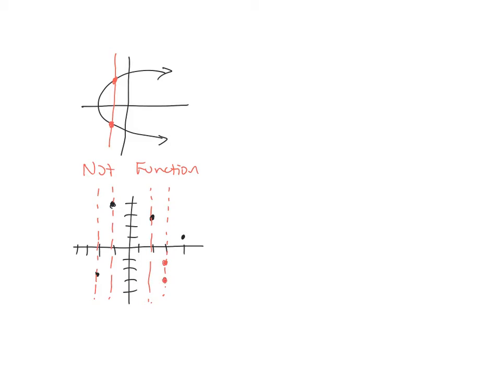Okay, so if you put the coordinates down for this, it would be 3, -1, and this would be 3, -3, and those x numbers would be the same, not a function.